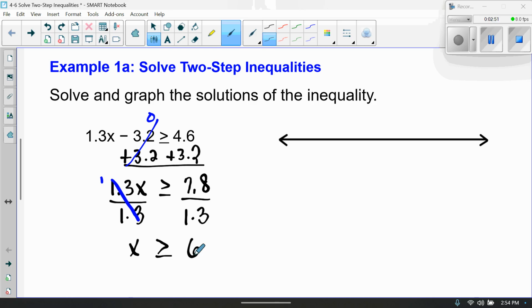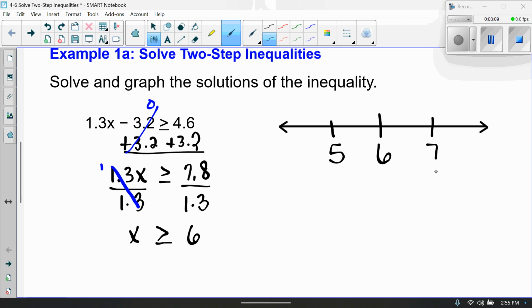When we graph, we are going to put the important number on the graph. So that's going to be 6. And then we surround it with some numbers, okay? So on the left, of course, we have 5. And on the right, we have 7. Now, what kind of circle do we have at 6?